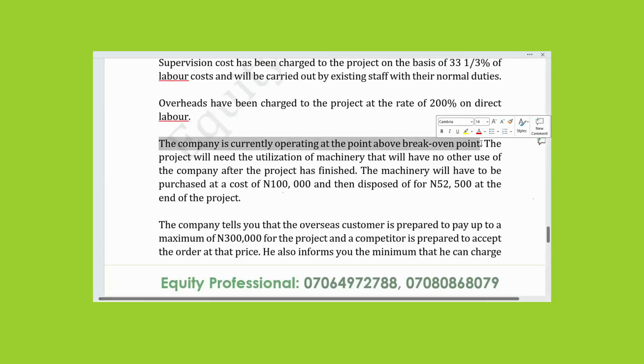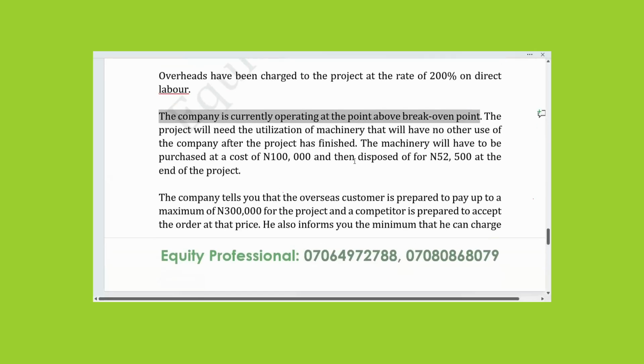The project will need the utilization of machinery that we have no other use for after the project has finished. The machinery will have to be purchased at a cost of 100,000 naira and then disposed of for 52,500 at the end of the project. So for this particular project X, the company will purchase machinery for 100,000 naira.